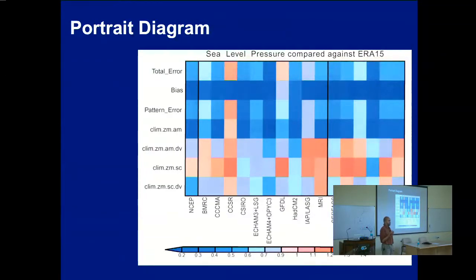You can actually color them and say, okay, I'm going to compare all these models to, say, the reference analysis, and these are different metrics, total error, which I can break up into many different components. And if it's a low error, it's good. Okay? So anything that's blue is considered good.